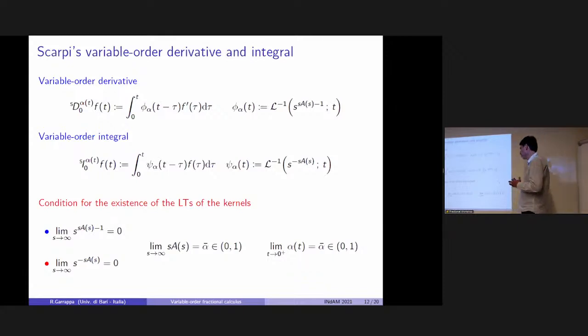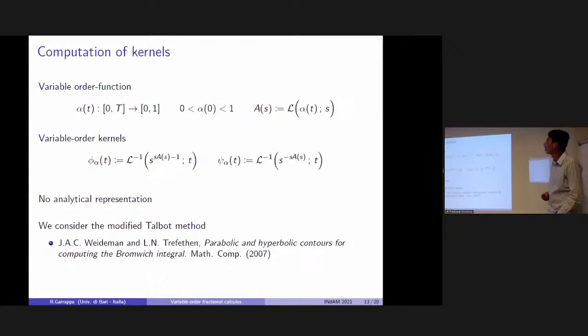This is an important condition which basically confirms that the operator must be singular at the origin. It cannot be very regular at the origin, it cannot be 0 or 1.